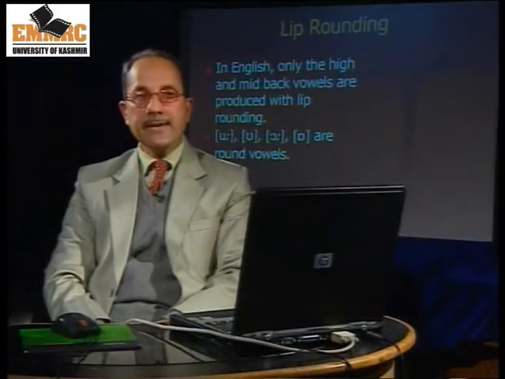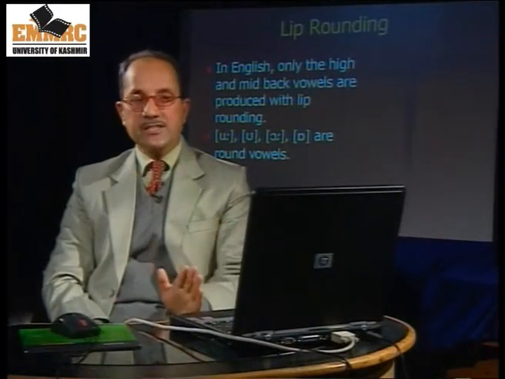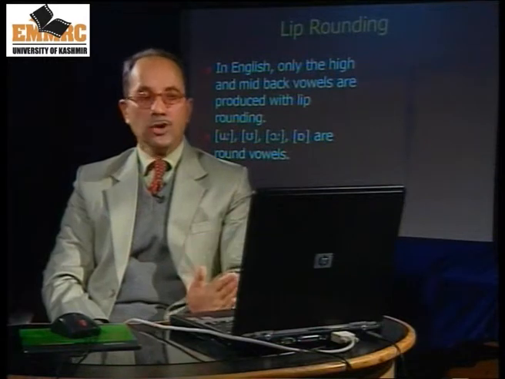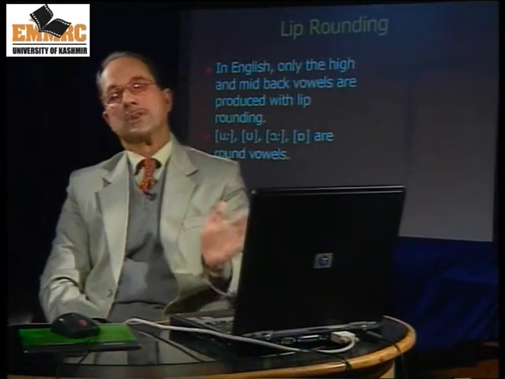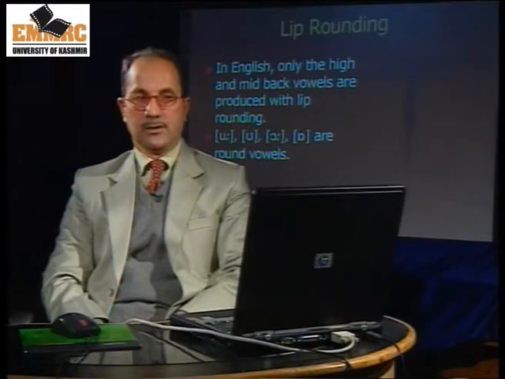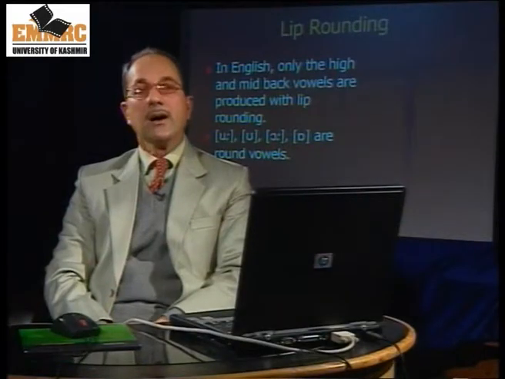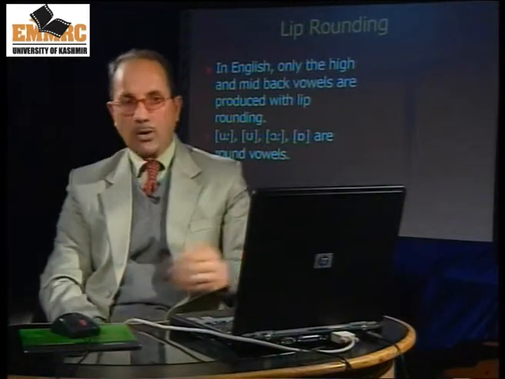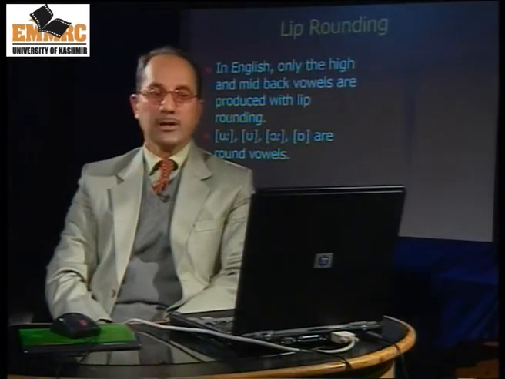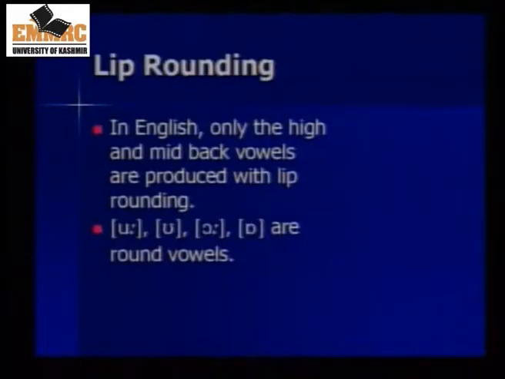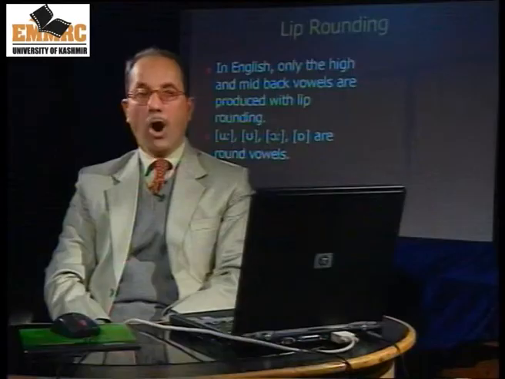So if you look at the 4 rounded vowels on the screen, you'll see that the lip rounding changes considerably when you move from long vowels to the short ones. For example, here, the English vowel oo is not as unrounded as last vowel aw.